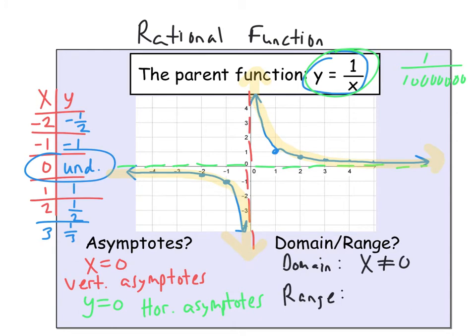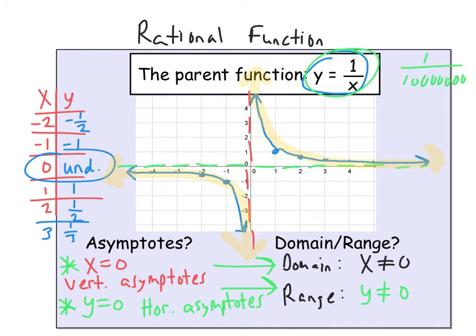So they're going through every y value except 0 as well. Okay, so the range is that y cannot equal 0, and that's because we have this horizontal asymptote there. So these asymptotes tie directly into the domain and range of these functions. So as you're thinking about those, make sure you're making that connection and not treating them as separate things.